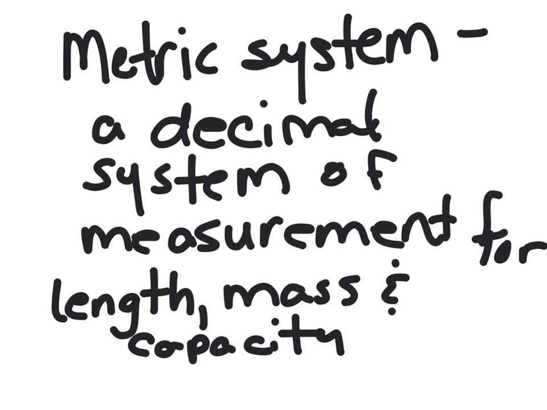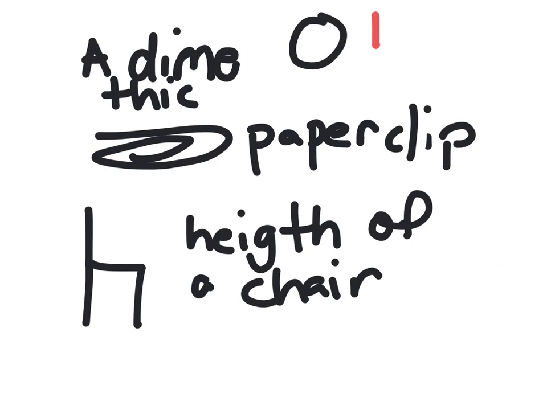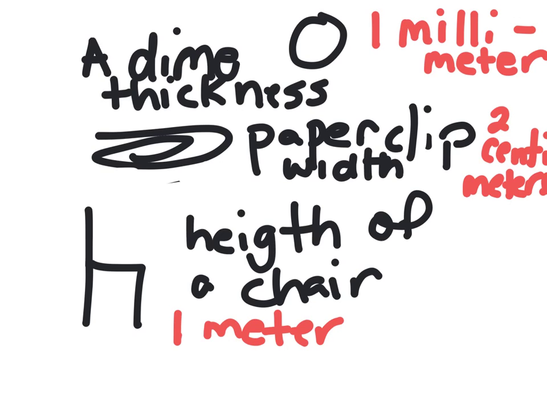So the metric system is a decimal system of measurement that you can use for length, for mass, for capacity. On the sizes, a dime thickness is equal to 1 millimeter.